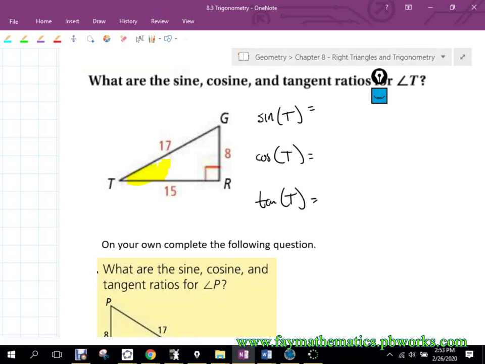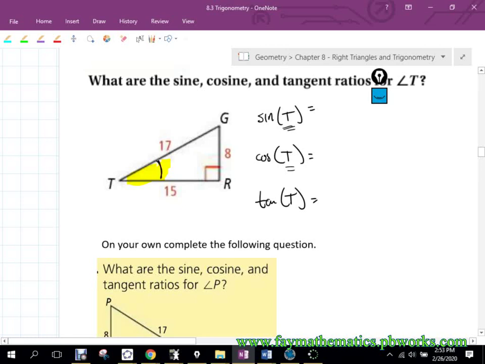The structure of using these things, that thing that's in the parentheses, we call it the argument, is always your angle. So you're always going to put parentheses, and then the angle that you're focused on or interested in inside the parentheses.